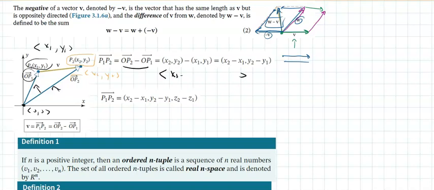You take x2 minus x1, end minus beginning, it's right there, and y2 minus y1. And that will be running from P1 to P2 in that specific direction, and that is P1P2. If you have 3 dimensions, you just add the z component.